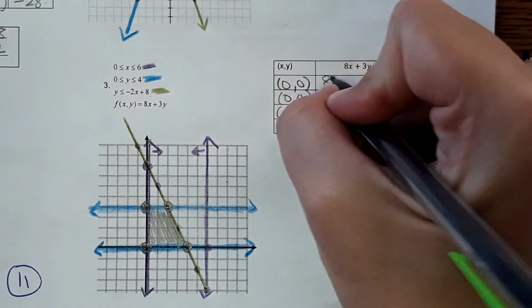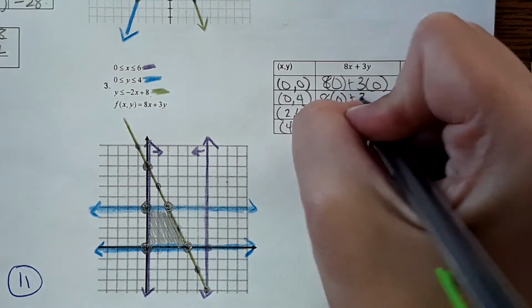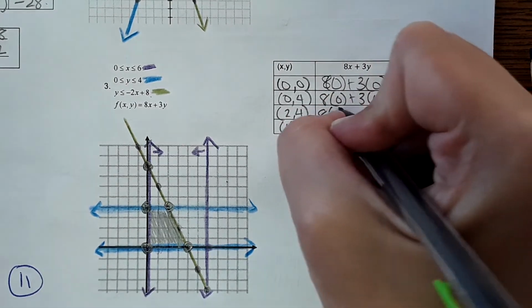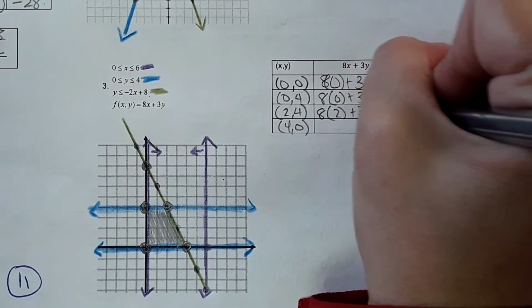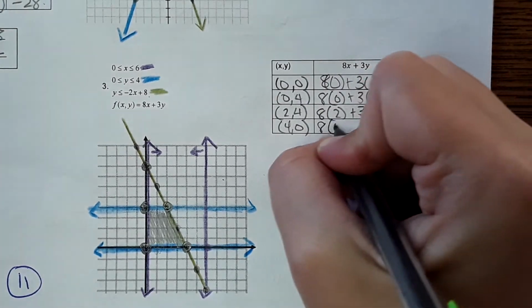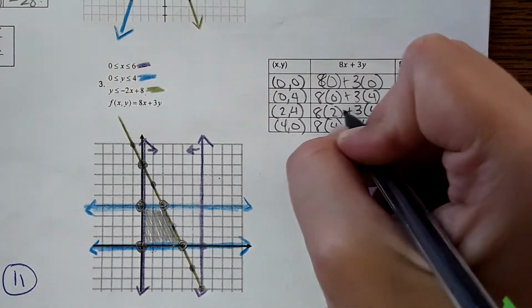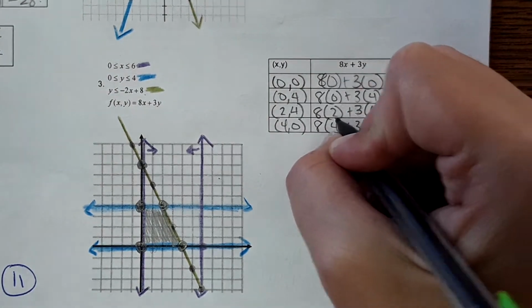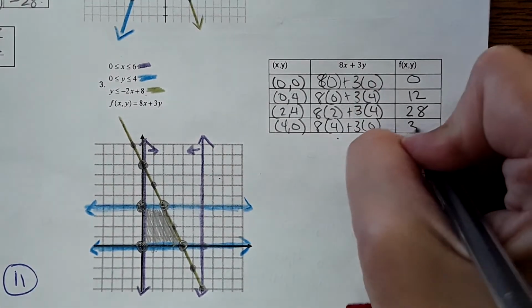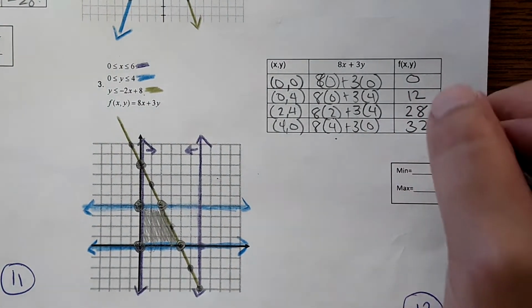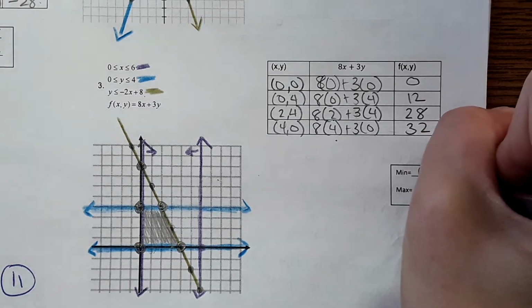And then we plug it in. Then our minimum is 0, and our max is 32.